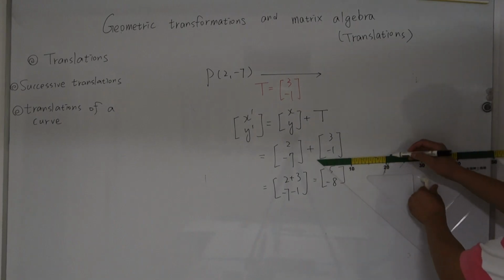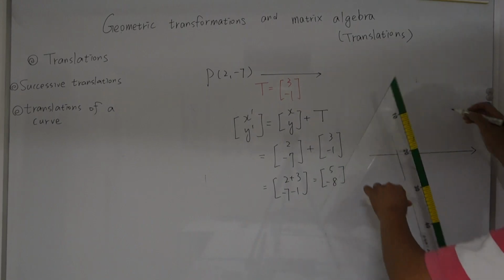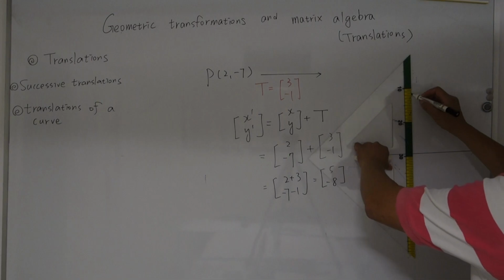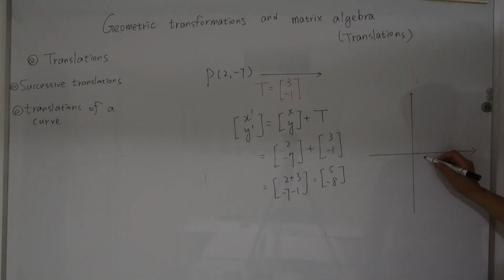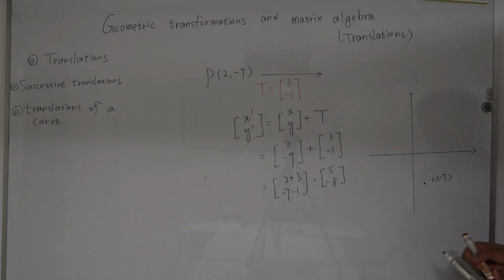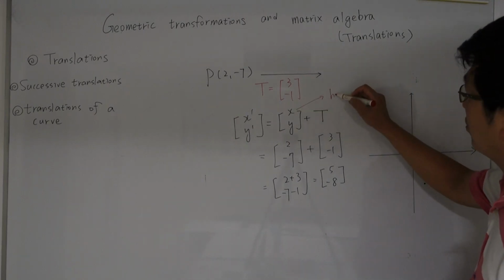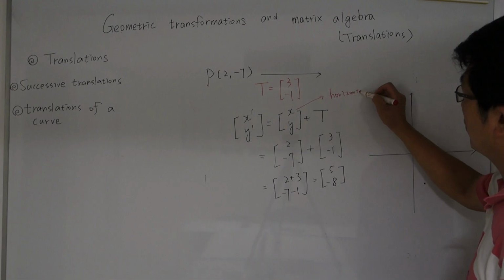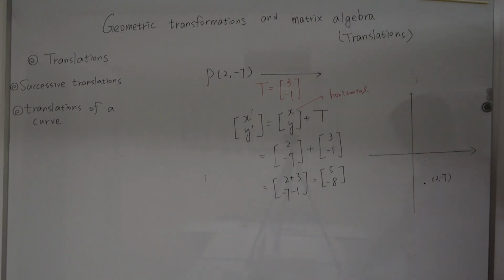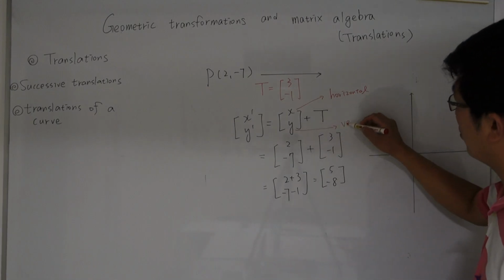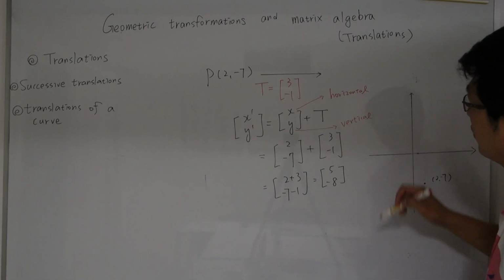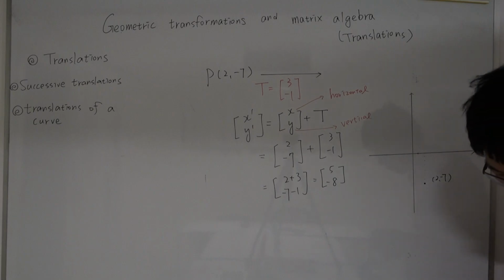We use the graph to show you. That's called translation. The point is (2, -7). In here, the x means the horizontal shift, and the y means the vertical shift, right?